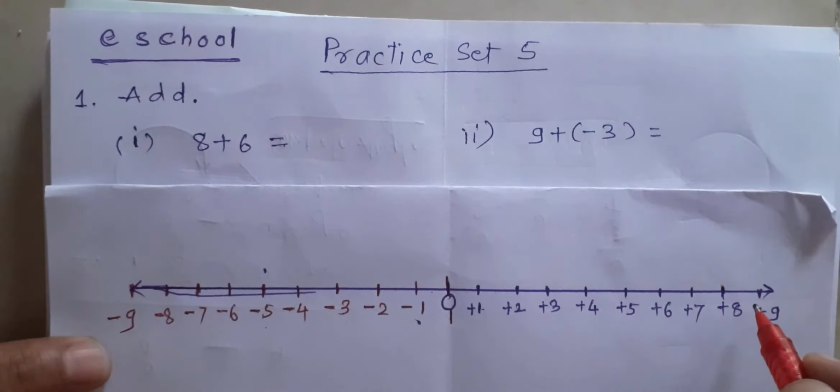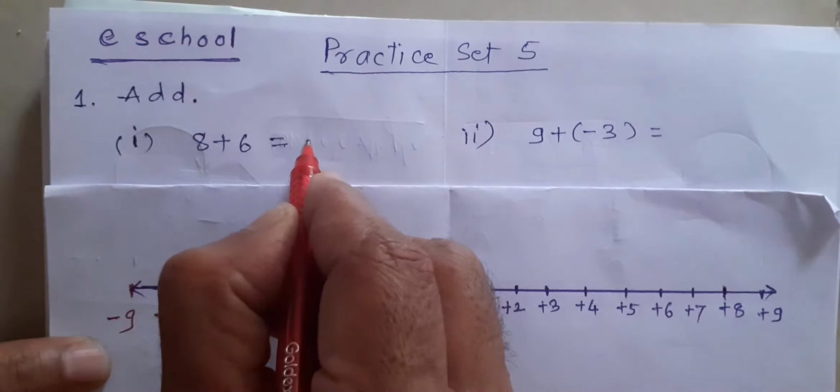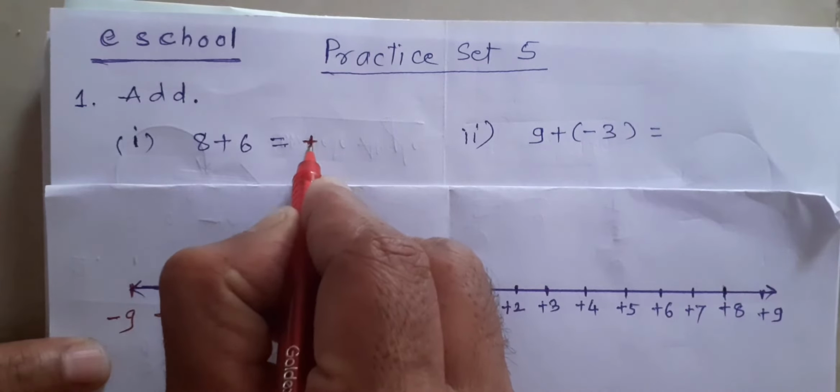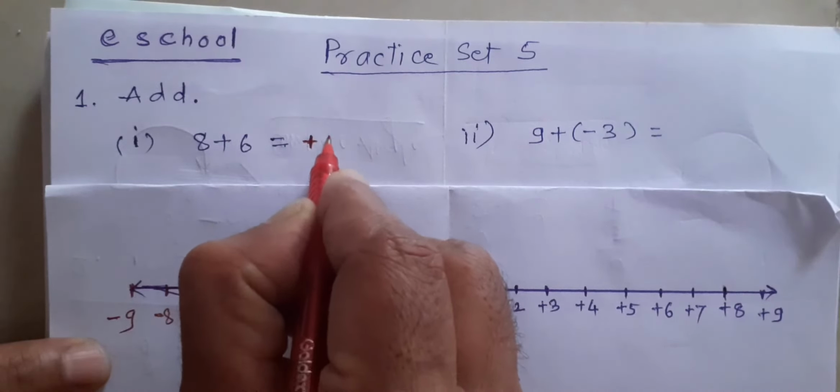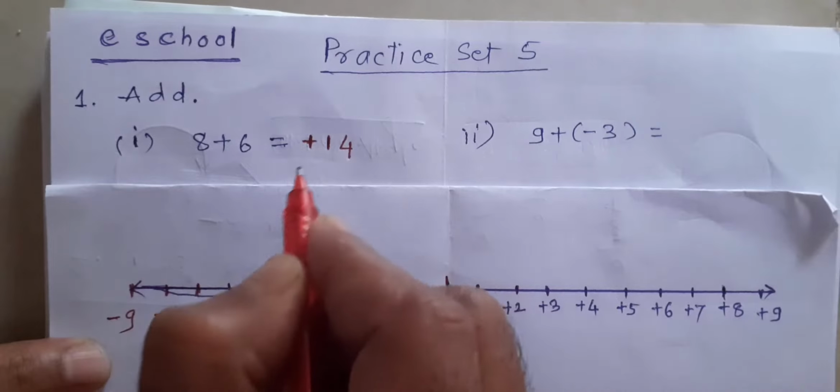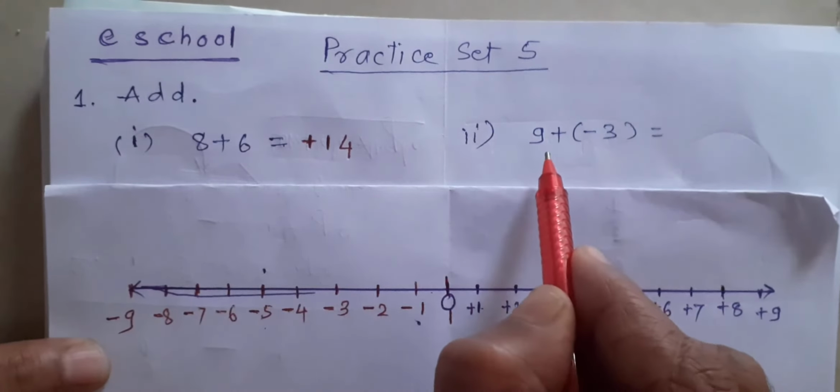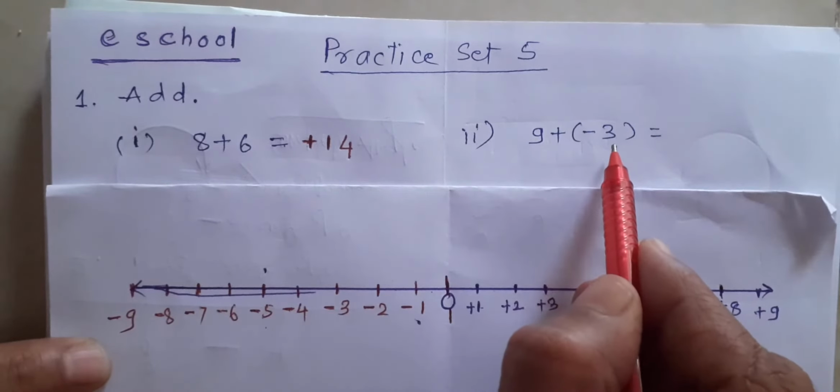So 8 plus 6, we move here to the right hand side 6 places, positive. So 8 plus 6 is plus 14 is the answer.